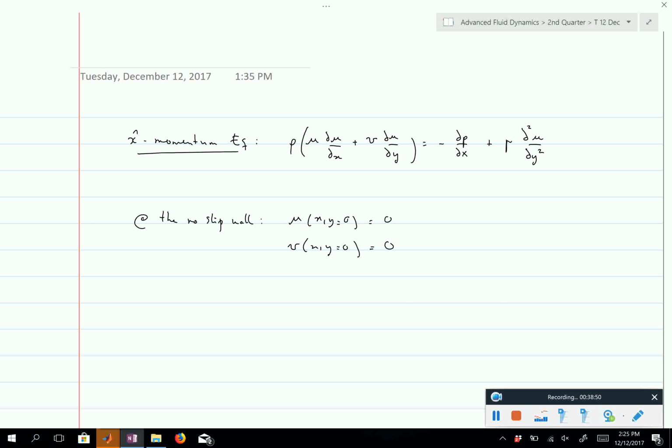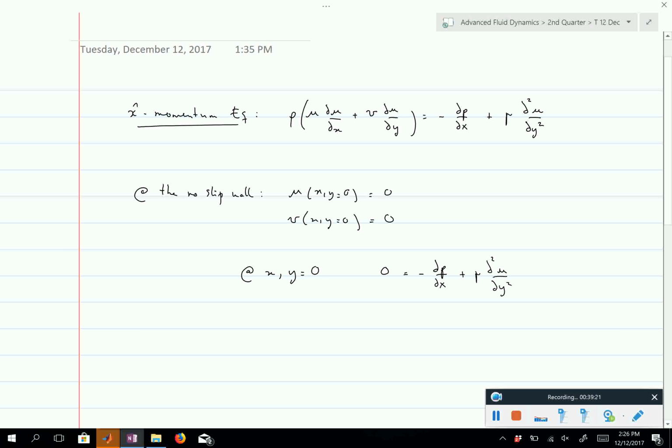So if we are rewriting the x momentum equation at a point x and y equals 0, then from the x momentum equation I have that 0 is equal to minus partial p over partial x plus mu times the second derivative of u with respect to y.